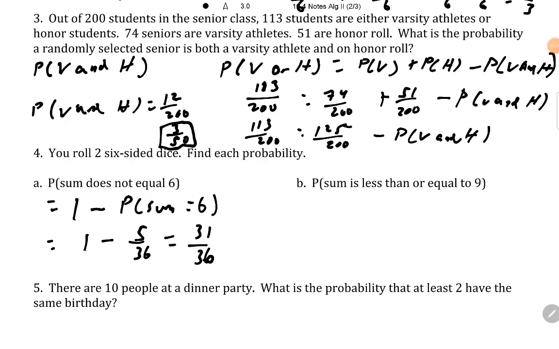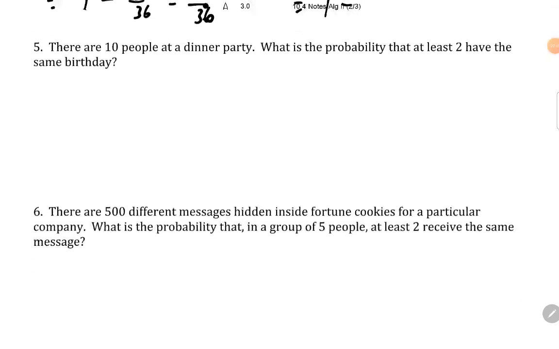Alright, part B, the probability of the sum being less than or equal to 9. Okay, 1 minus, so this would be the same as 1 minus the probability of the sum being greater than 9. Let's look back at my chart again.